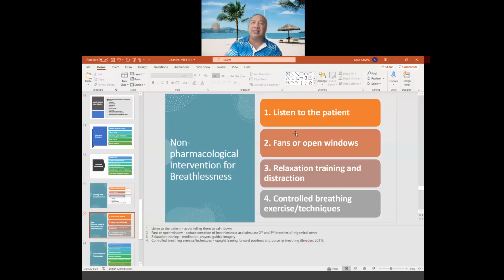Another thing is relaxation training and distraction. Maybe you could do this prior to the event of breathlessness, and also controlled breathing exercises and techniques. What I would recommend to you guys is that when you pass medication to your resident, just ask your resident to take a deep breath.